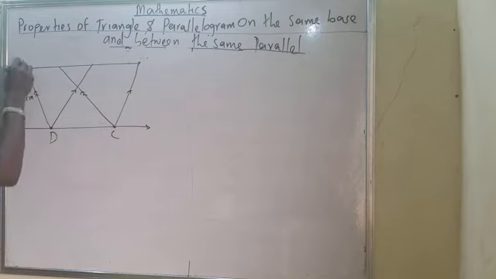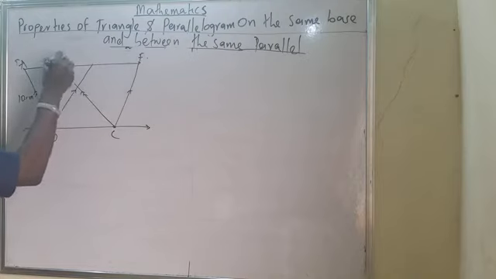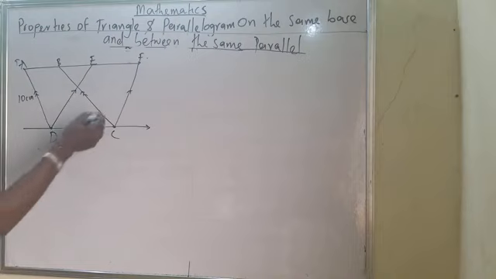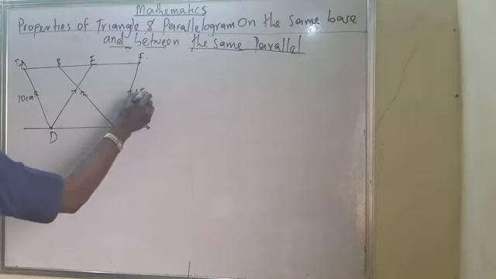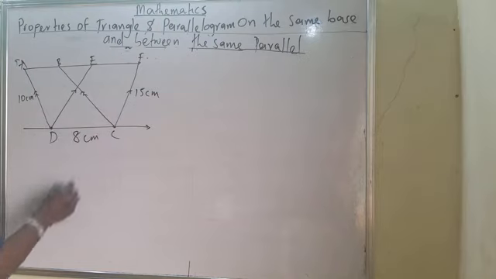I have A, F, B, E. Let me give this as 15 centimeters, and from here to here is 8 centimeters.